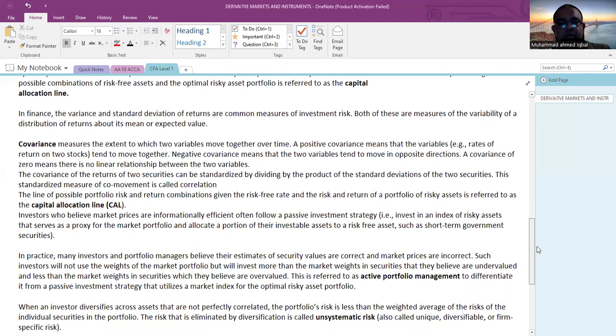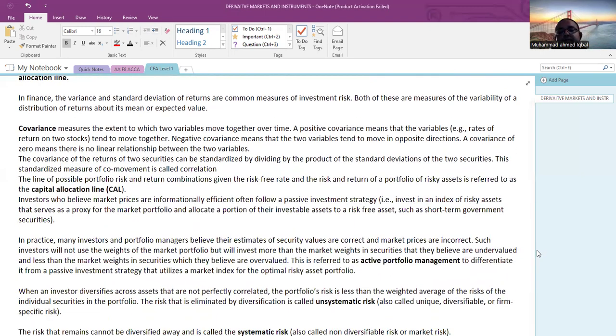Okay. The next concept relevant to portfolio management is active portfolio management and passive portfolio management. What is active portfolio management? There are certain fund managers, portfolio managers, who prefer not to invest in the index.